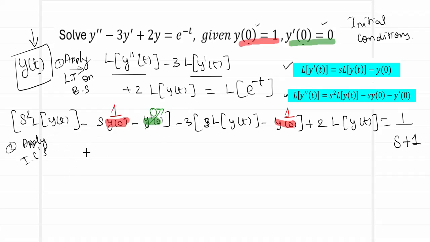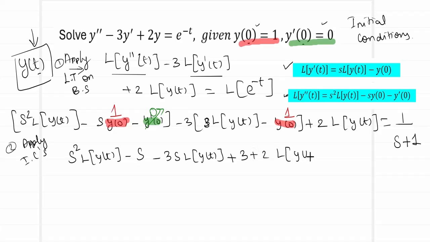So what will be the simplified expression? It becomes s square Laplace of y of t minus s into 1 is s, minus this has become 0. This becomes minus 3s Laplace of y of t, minus into minus, plus 3, plus 2 times Laplace of y of t equal to 1 divided by s plus 1.